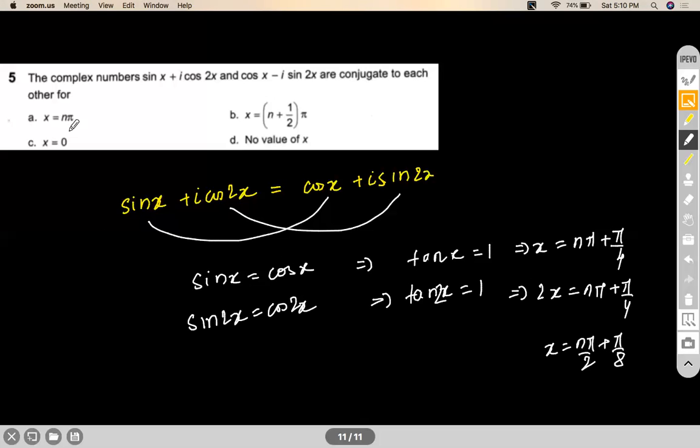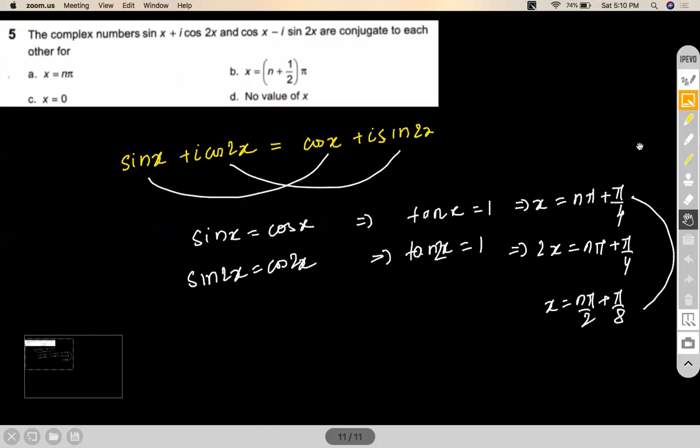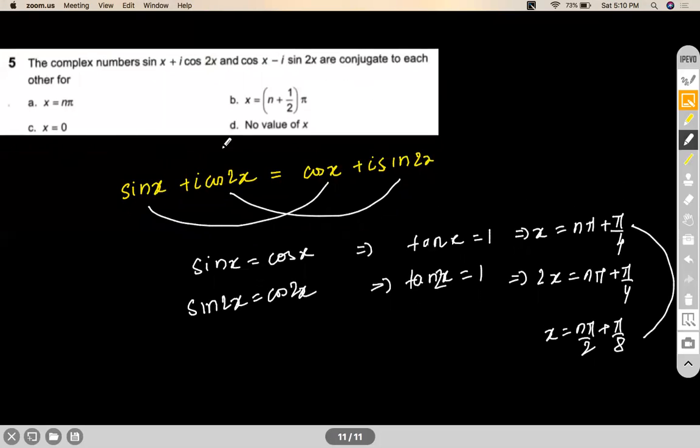Now I don't think there is a common solution of these two, because n pi cannot be written as n pi plus pi by 4. So not possible. Neither can it be written like this. Zero is not a common root either. Even if I take some value of n, I will not get 0. So the answer is option D. No such value of x exists.